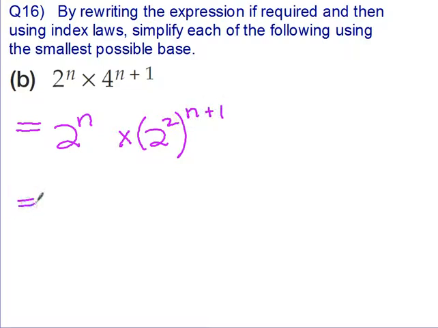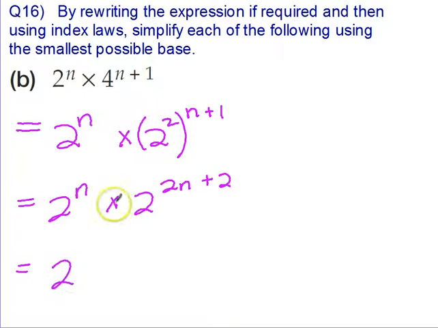Okay, now we have the bases the same. Let's get rid of the brackets just here. So that's 2 to the n times 2 to the, well, I've got to multiply 2 times all of n plus 1. So 2 times n is 2n plus 2 times 1 is 2. And going on to the next line, now the bases are all the same.